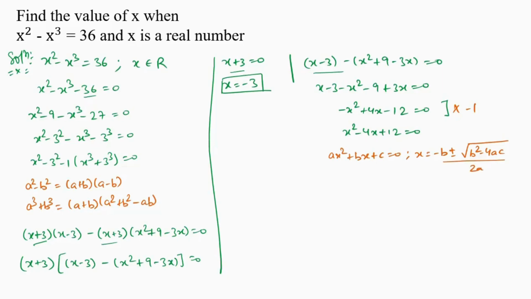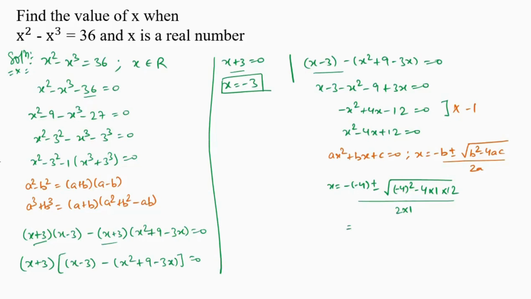So applying this formula over here, we get x equals minus of minus 4, plus minus under root minus 4 squared minus 4 times 1 times 12, divided by 2 times 1.